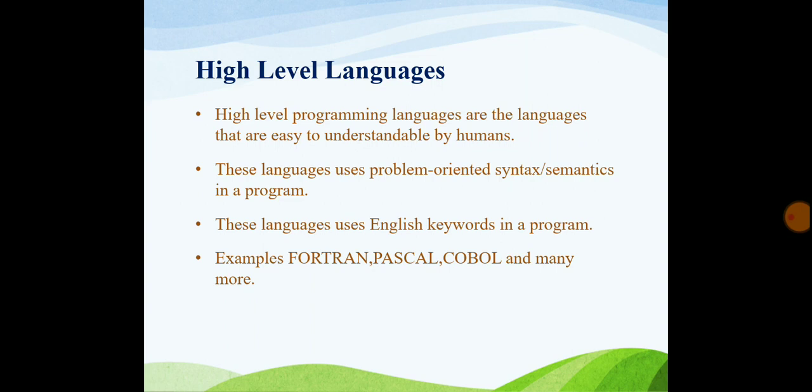For high level languages, there are two ways in which we can convert the source code from high level language to machine level language so that it can be executed. One is the compilation method, where a program called the compiler is used, and another method is called interpretation, where another type of program called the interpreter is used.